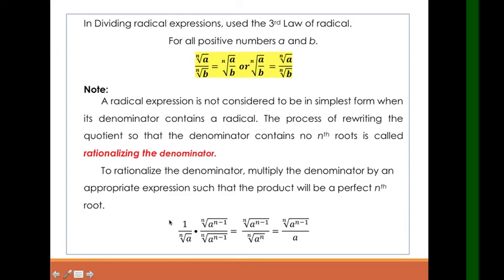So for instance, we have 1 over the nth root of a, times the nth root of a^(n-1) over the nth root of a^(n-1), is equal to the nth root of a^(n-1) over the nth root of a^n. And that's equal to the nth root of a^(n-1) over a.